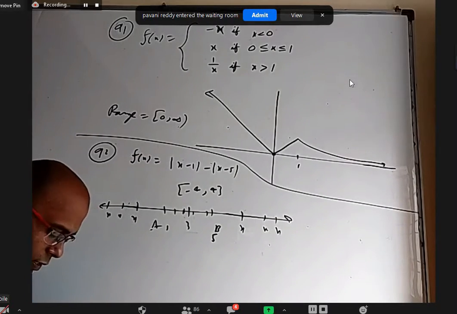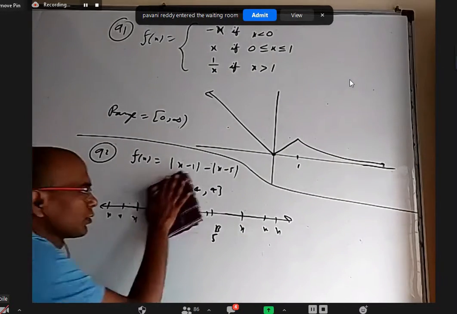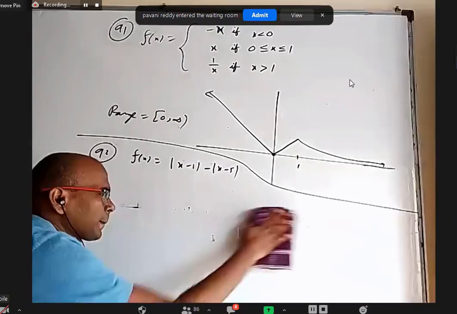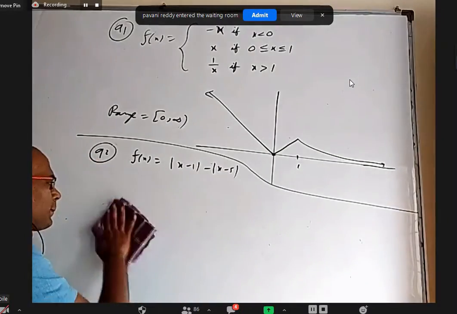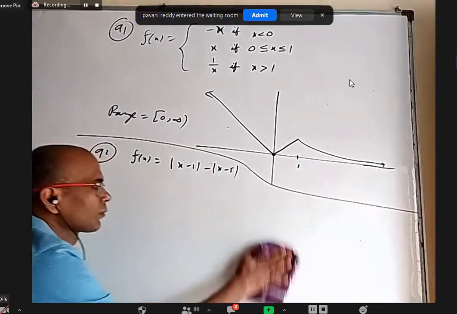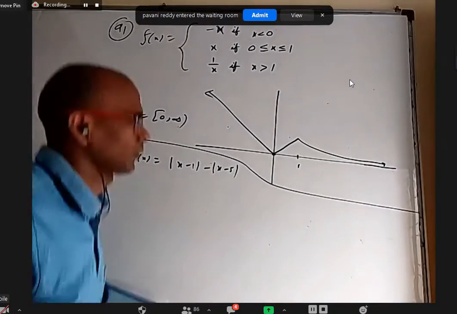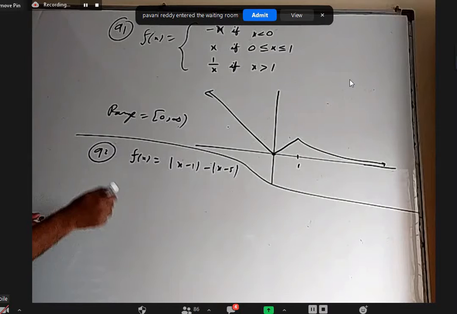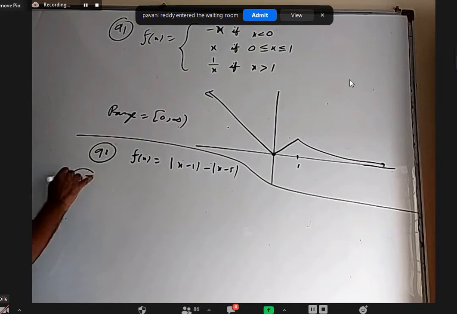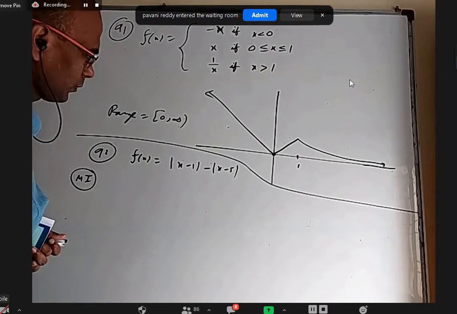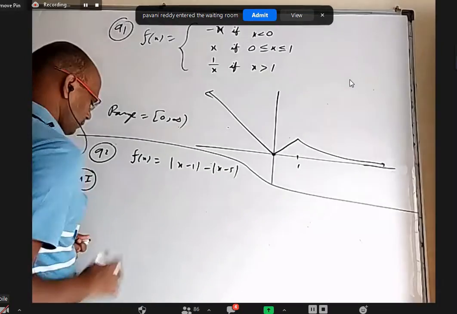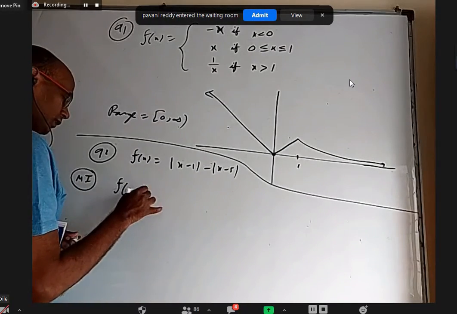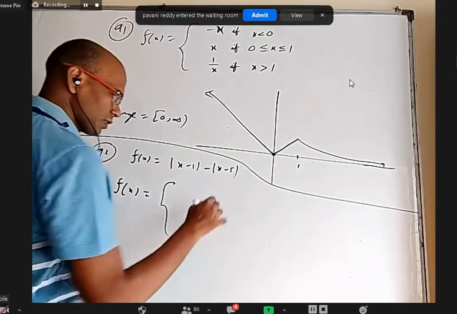But for better understanding, I just want to tell 2-3 things. Method 1, I want to draw the graph of this. It will have 3 definitions.